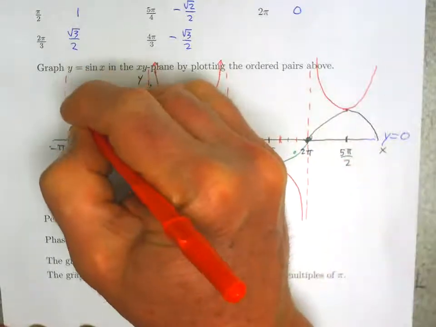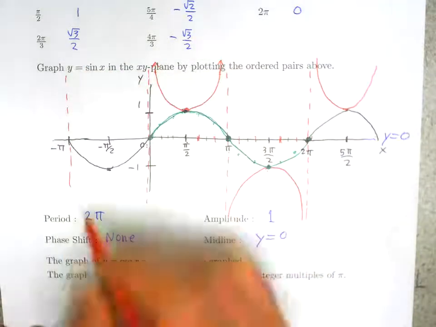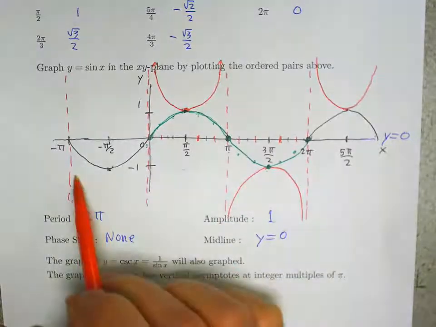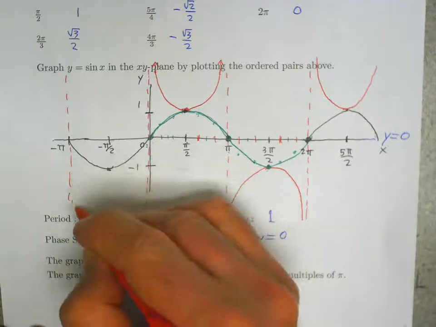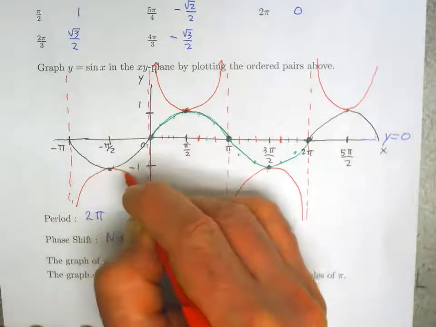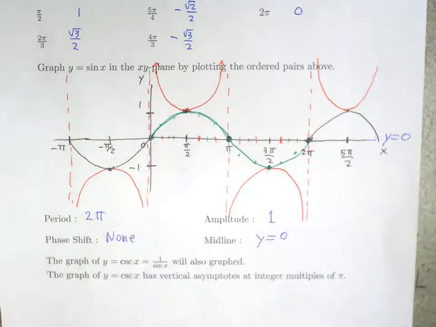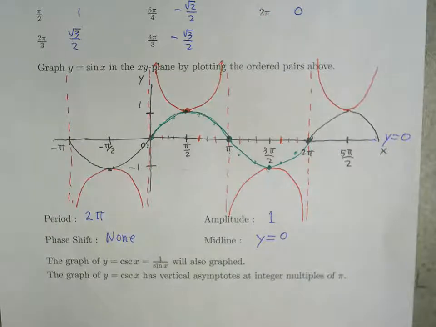So y equals cosecant of x has a vertical asymptote. And so on this interval from negative pi to 0, cosecant of x looks something like this. Okay.